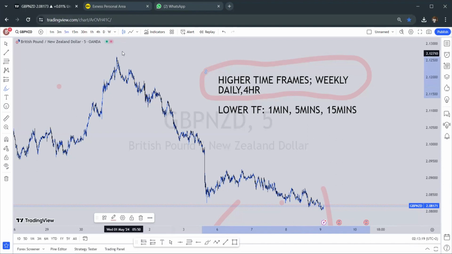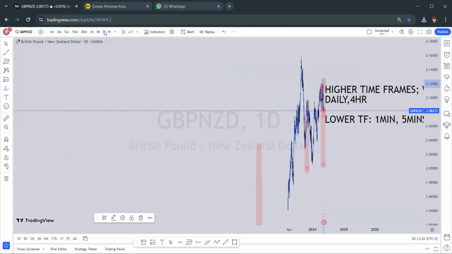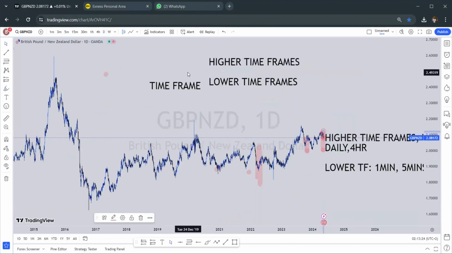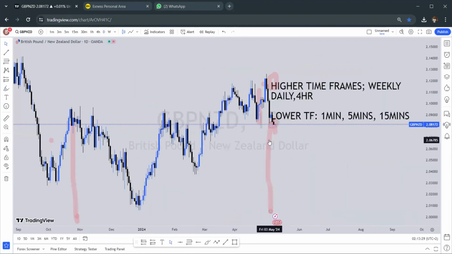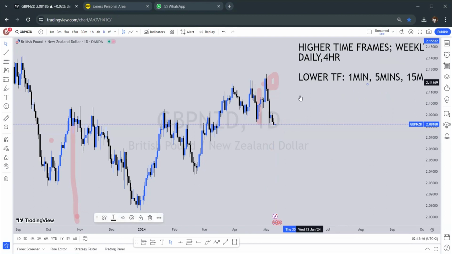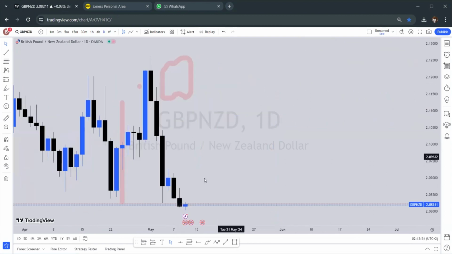Let me show you guys something. This is day time frame, right? Now this is daily time frame, and this simply means that this happens to be yesterday, and this is today.